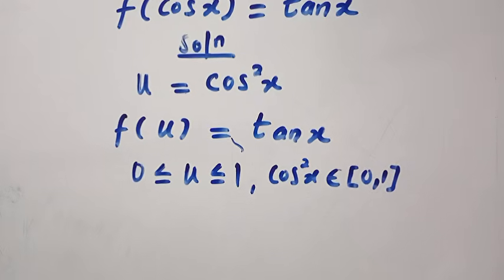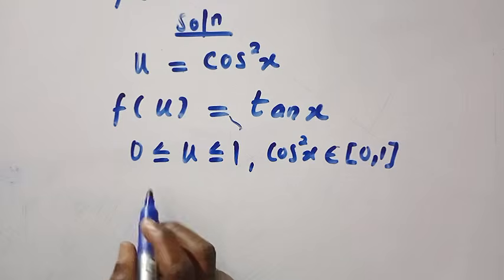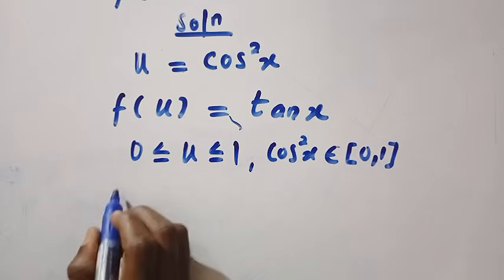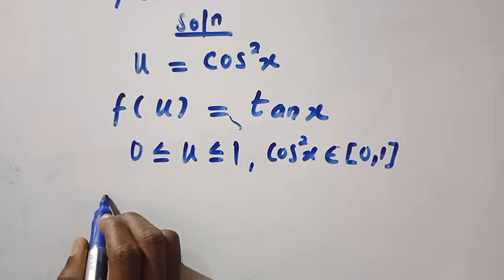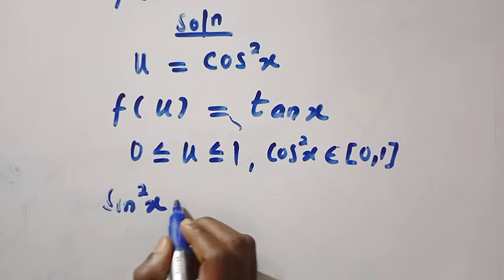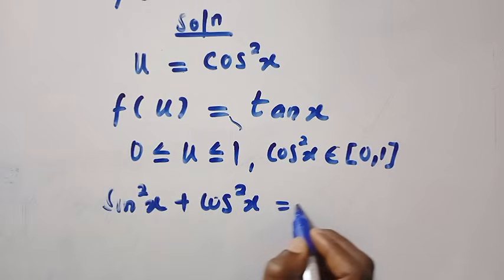Then we also need to derive some relationship between the cos and the sine. If you recall, sine squared x plus cos squared x equals 1.